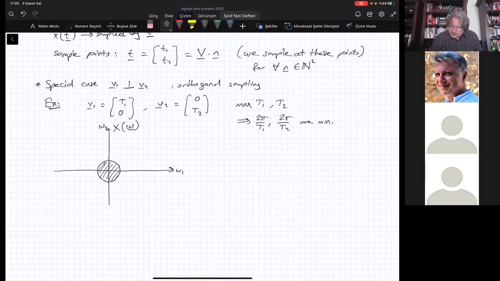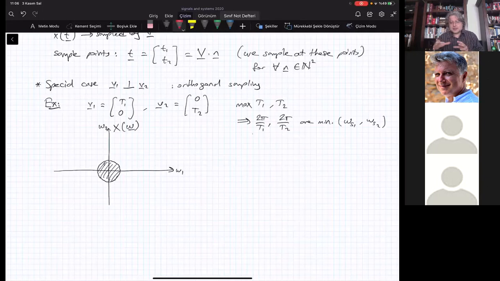Where will they be? What is the maximum choice of T1 and T2, or the minimum choice of omega S1 and omega S2? What are the minimal choices of those?